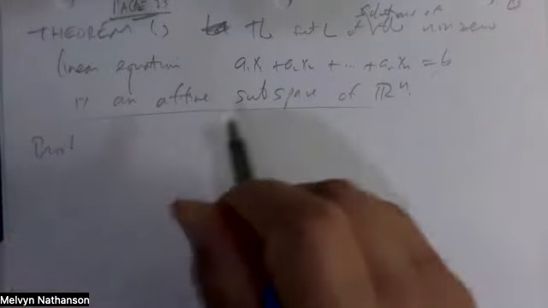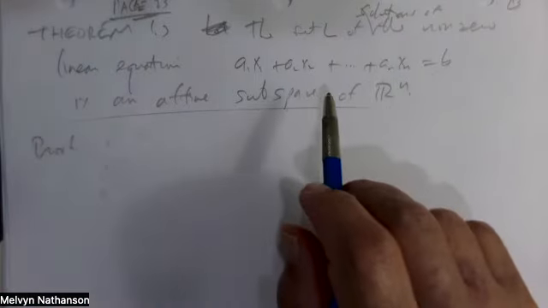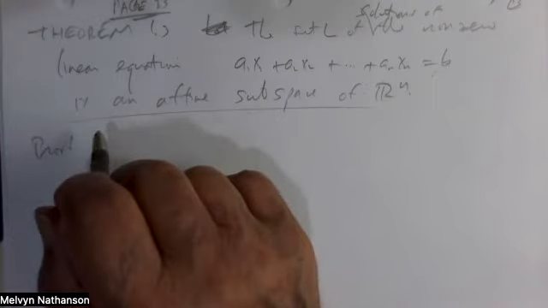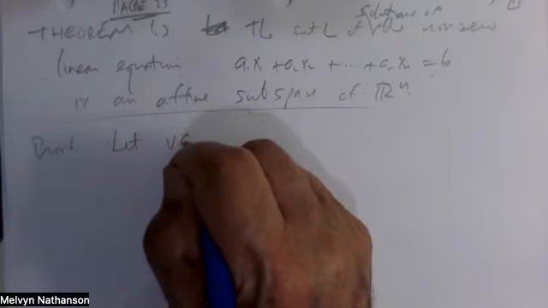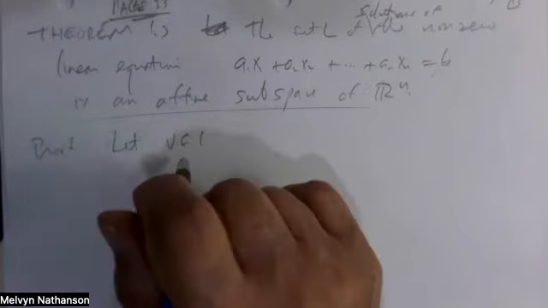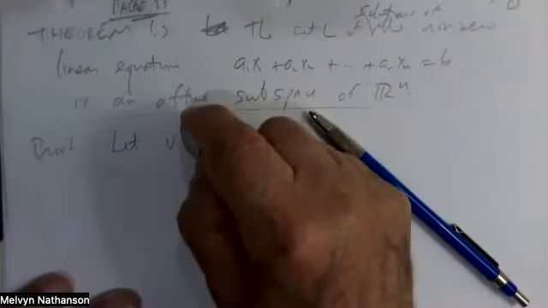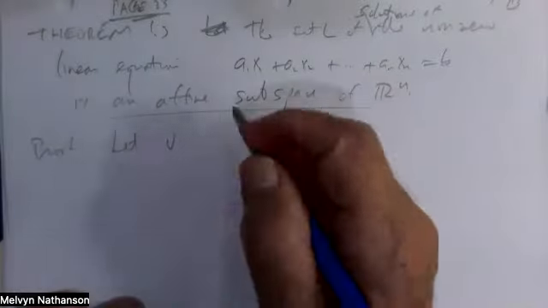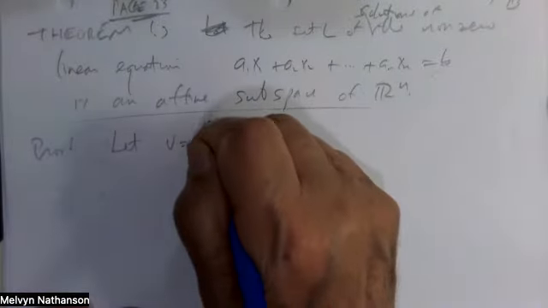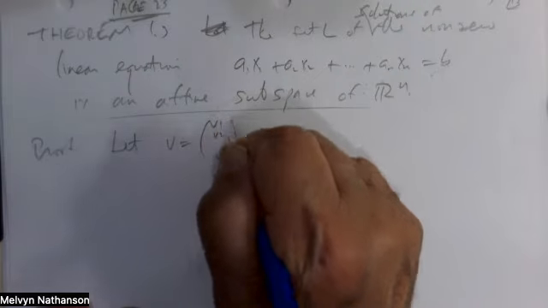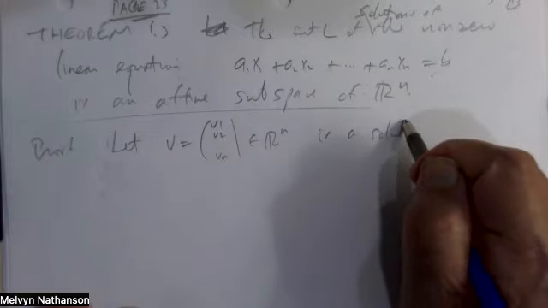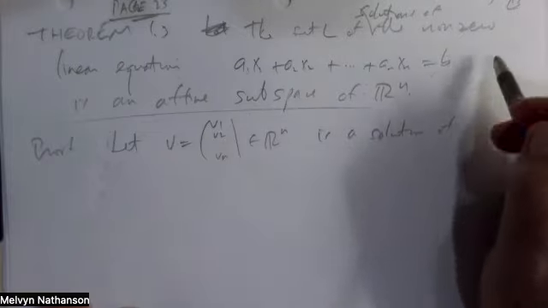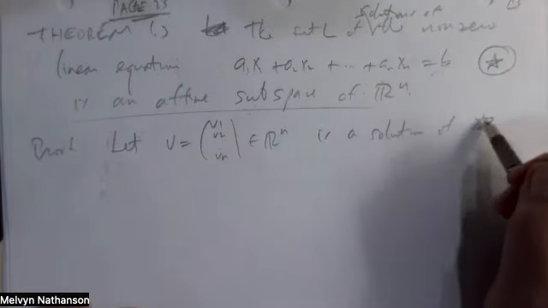So proof. Every non-zero equation has at least one solution. So we proved that. That was that first lemma on Monday. Suppose V, with coordinates v1, v2 down to vn in Rn, is a solution of, let me call that equation star.